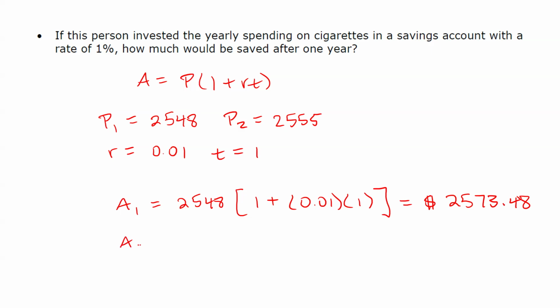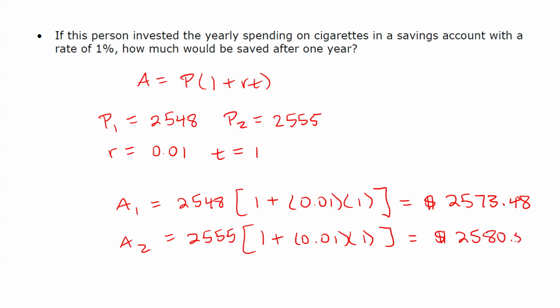And the future value, if done the second way, 2,555 times 1 plus the rate times time will get us $2,580.55. Again, depending on the process that you take, you could get 2 different answers.